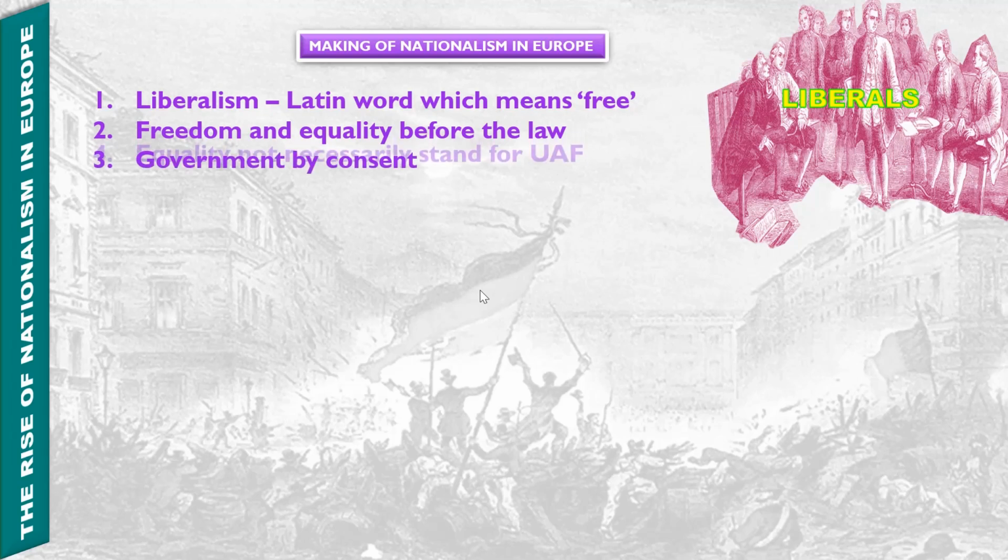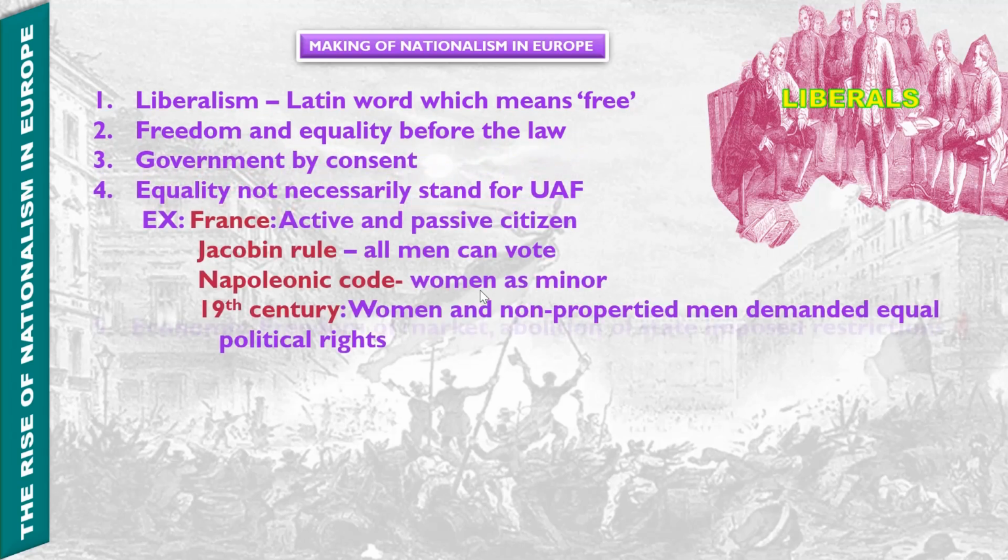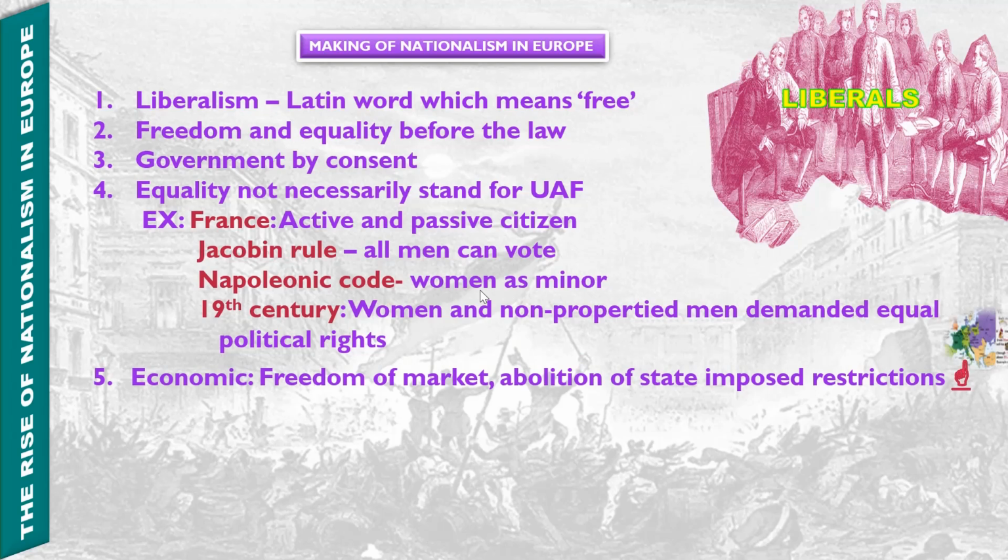Yet, equality before the law did not necessarily stand for universal suffrage. You will recall that in revolutionary France, which marked the first political experiment in a liberal democracy, the right to vote and to get elected was granted exclusively to property-owning men. Men without property and all women were excluded from political rights.